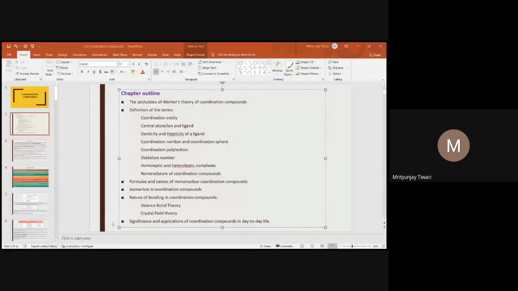If an ambidentate ligand is there, then in one of the complexes one atom forms a bond with the metal ion, and in another complex the other atom forms a coordinate bond with the metal, like SCN minus. Suppose the metal ion is the same and everything is the same, but in one complex sulfur is coordinated to the metal ion, and in another complex nitrogen is coordinated.